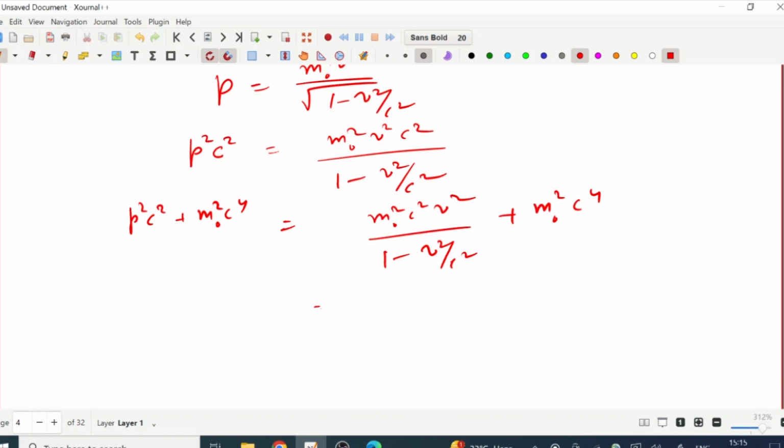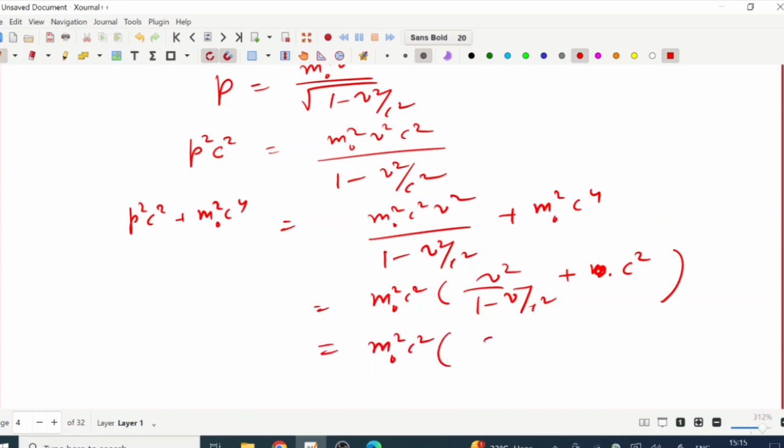Then let us take m0 square c square common, and you will find v square by 1 minus v square by c square plus c square. I have taken m0 square c square common, so this is only c square.